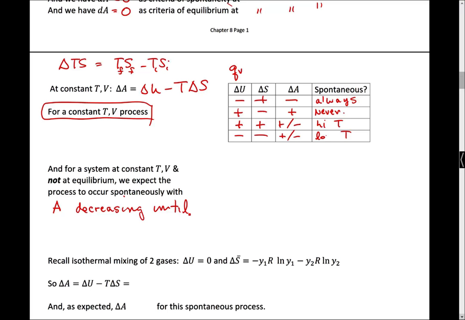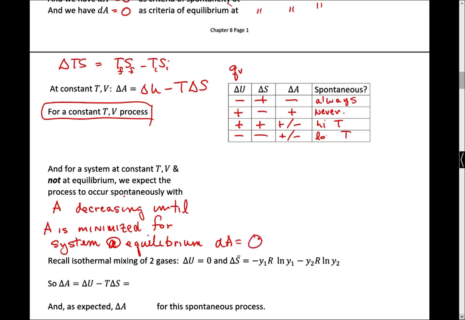That means I've arrived at equilibrium. Right? So until A is minimized for the system, and that's going to occur at equilibrium. And what's dA going to be equal to at equilibrium? That's going to be equal to 0, right? Because our criteria for spontaneity is dA is less than 0. Our criteria for equilibrium is that it's equal to 0, right?